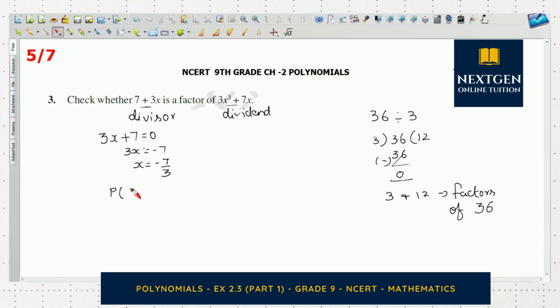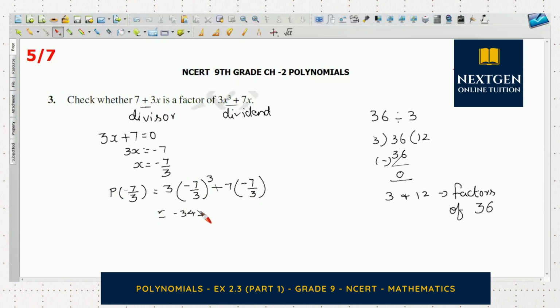P of minus 7 by 3 equal to 3 into minus 7 by 3 the whole cube plus 7 multiplied with minus 7 by 3, substituting the x values here. Fine. So what will be the answer for this?